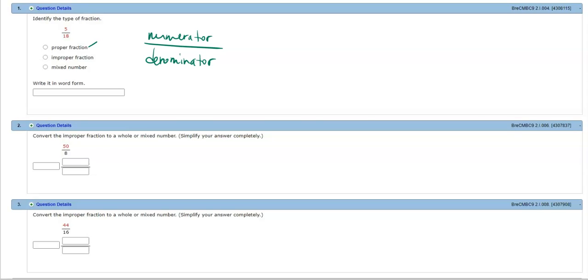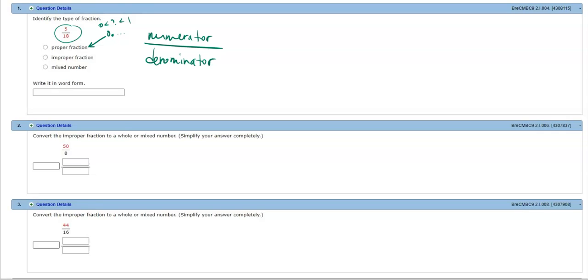Another way of thinking of this is it's something that's in between 0 and 1. If you actually divide 5 by 18, you're going to end up getting a decimal like 0 point something. So that's the kind of number we would get for a proper fraction. Here, that's what we're dealing with: a proper fraction.